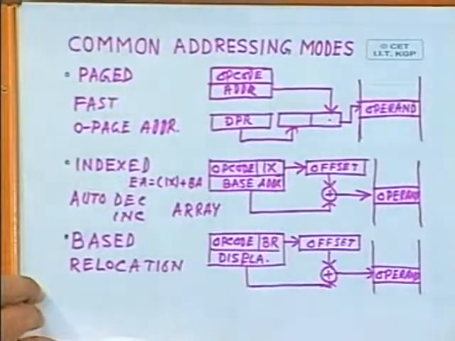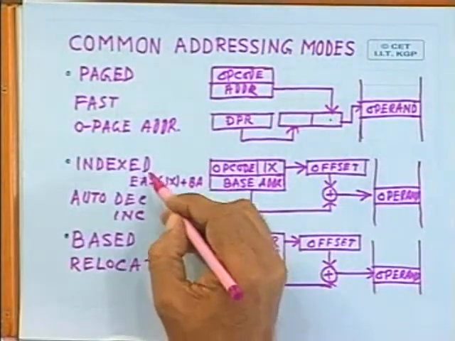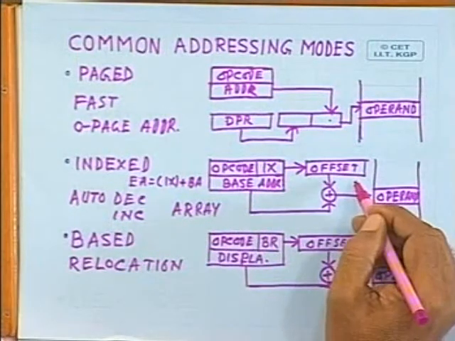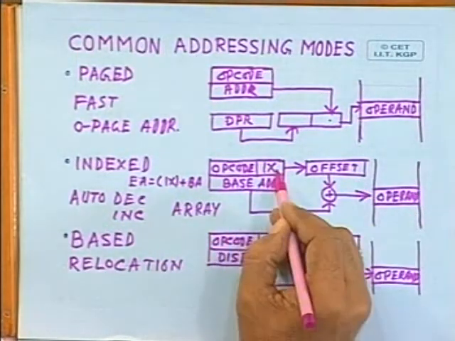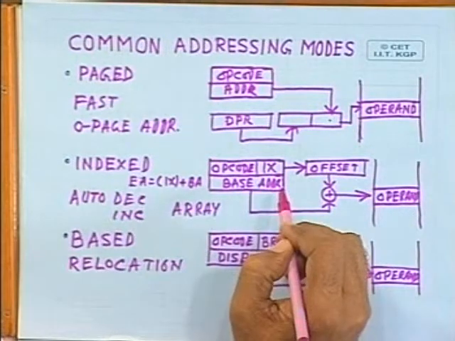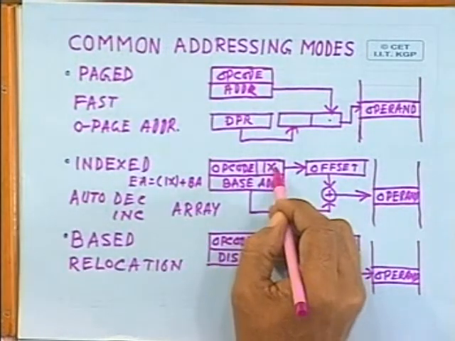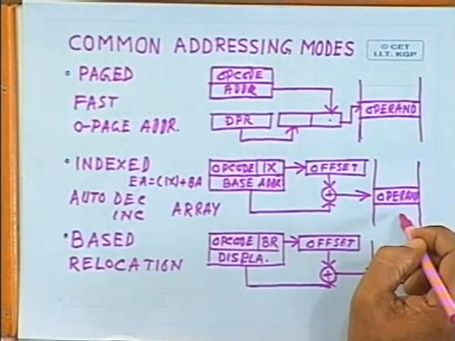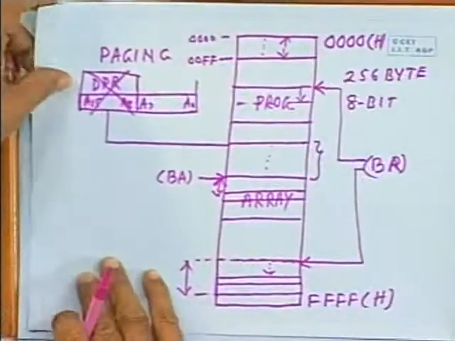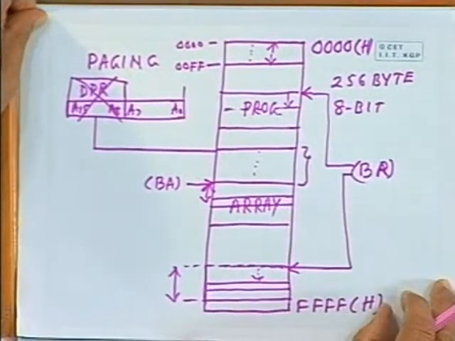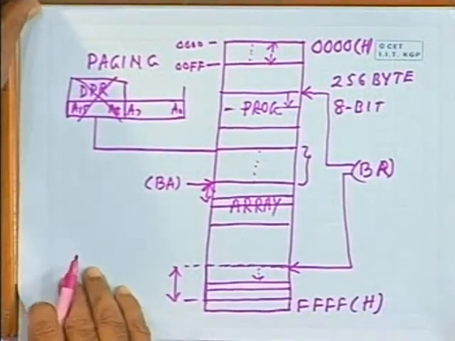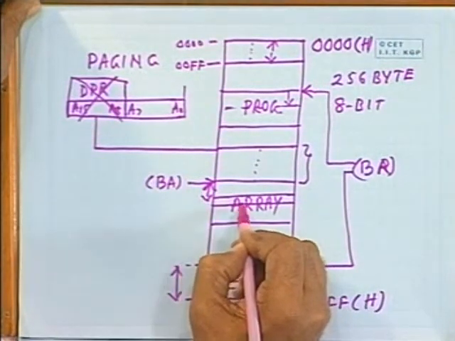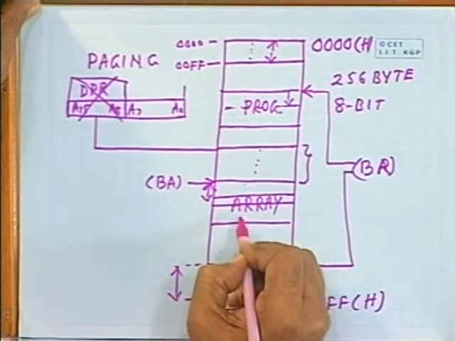You may be asking, in what way it is different from indexed addressing? The main difference comes from this fact. In case of indexed addressing, you are changing the index register to get different elements of the array. We have seen that the index register is being modified to refer to different elements of the array.